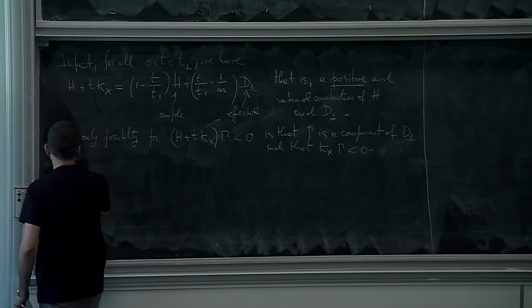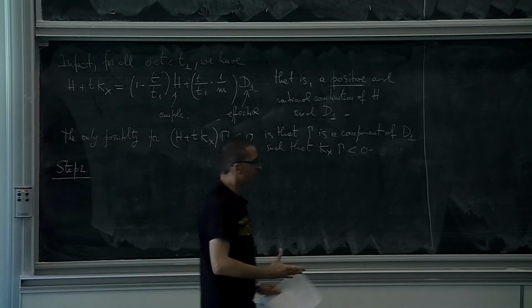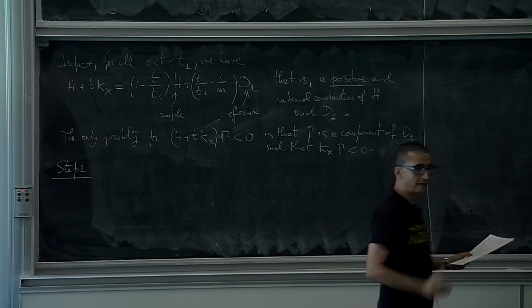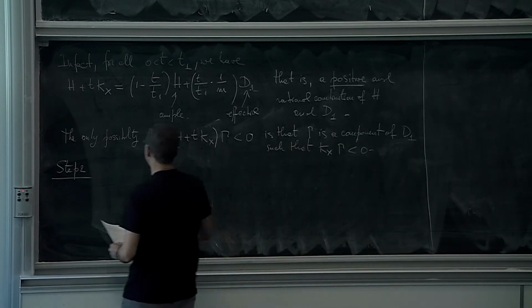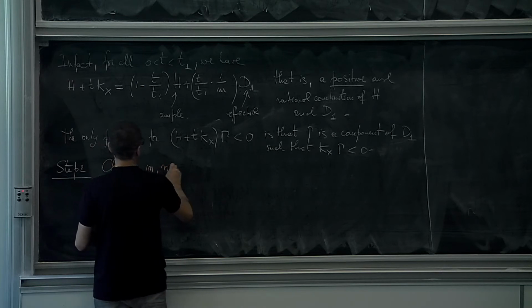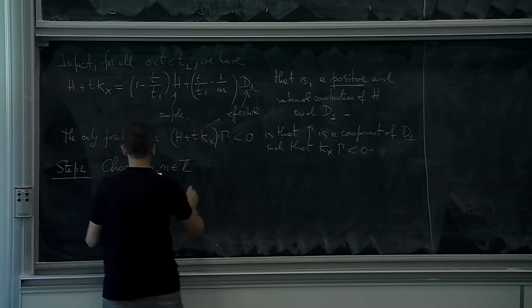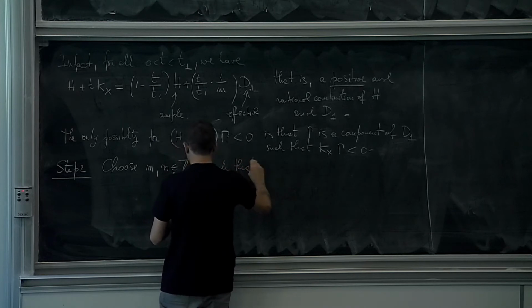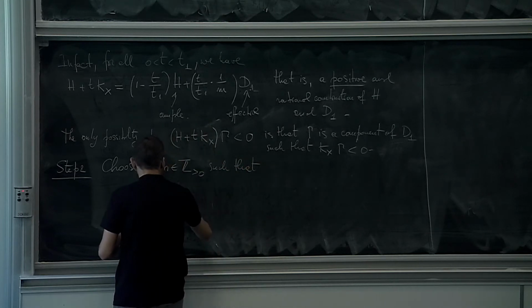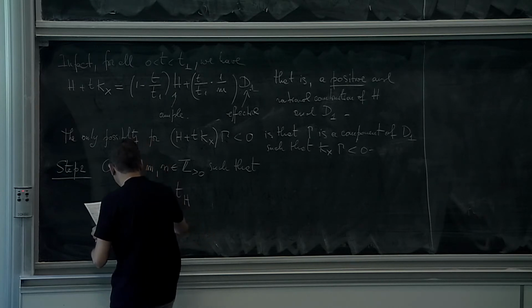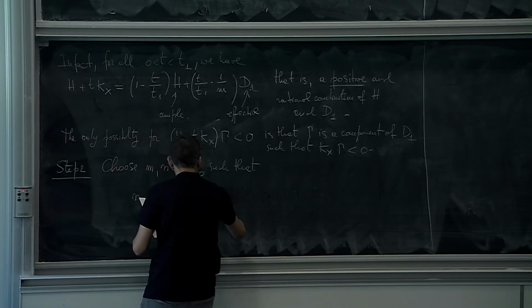Step 2, we try to reduce ourselves from the general situation to step 1. Okay, choose m, n positive integers such that we have m·TH between n and n + 1.